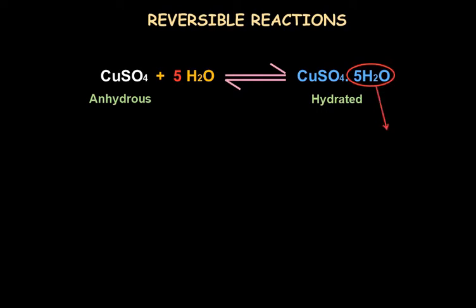These 5 water molecules are called water of crystallization, and it's called so because hydrated copper sulfate is a crystalline substance which is blue in color and has crystals of a typical shape, and this shape is because of the presence of water molecules. When these water molecules evaporate out and it changes to anhydrous copper sulfate, the shape of the crystals is lost because anhydrous copper sulfate does not appear in a crystalline form.